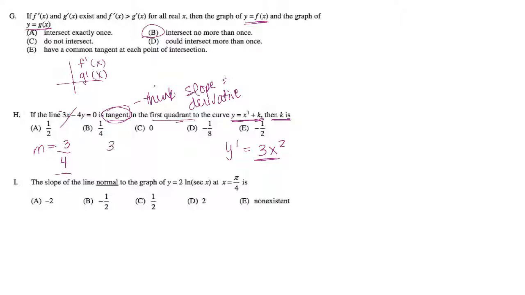So we have 3 over 4 has to be equal to 3x squared. And so we're going to divide both sides by 3. And so notice that x squared is equal to 1/4. So x is plus or minus a half, but we're in the first quadrant. So that means we're going to have answer choice A.